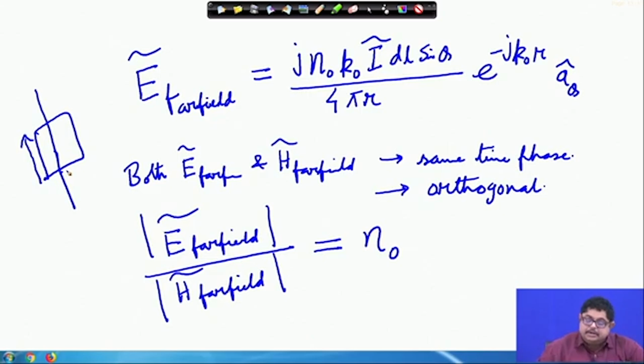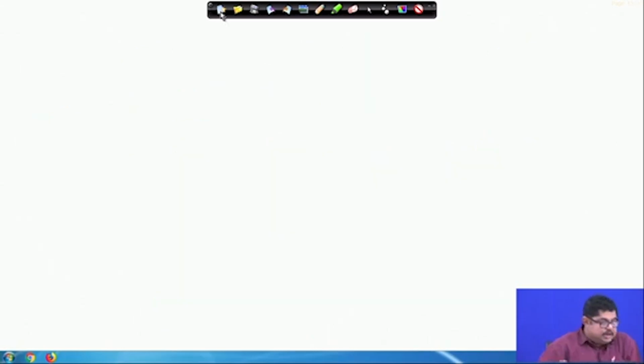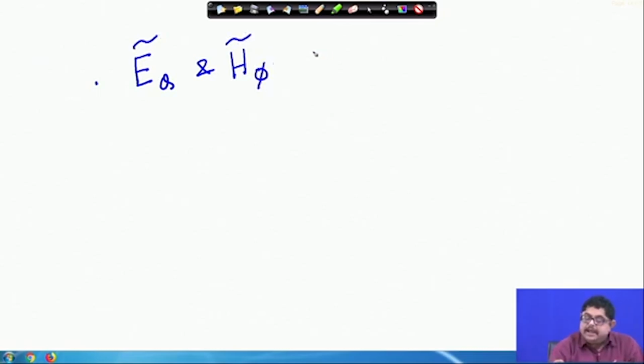But let us go ahead and see more things. If you look at the expressions, both E theta and H phi, that means our far field terms, their variation is sin theta. So, we can say that the radiated far fields, E theta and H phi, are not spherically symmetric.